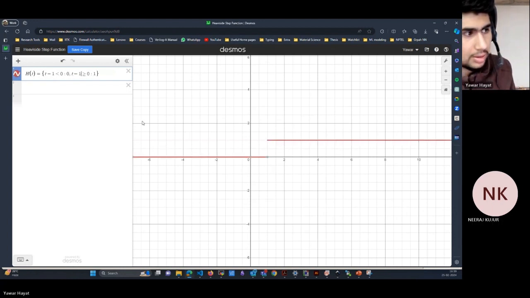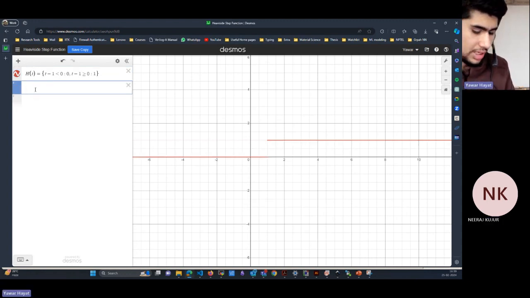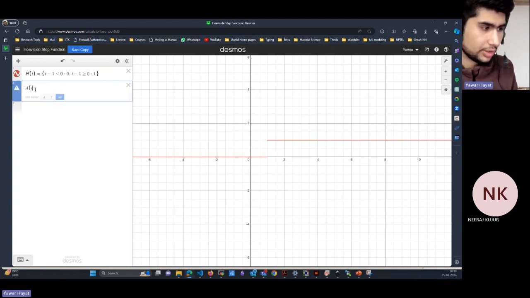And likewise, you can play with this function. Suppose this is h of t, and now suppose I have another function a of t, which is e to the power 2t.